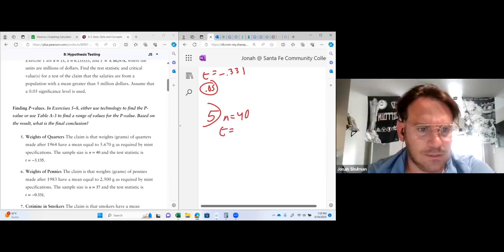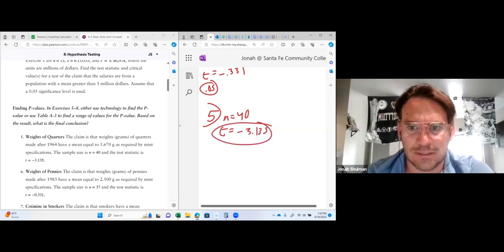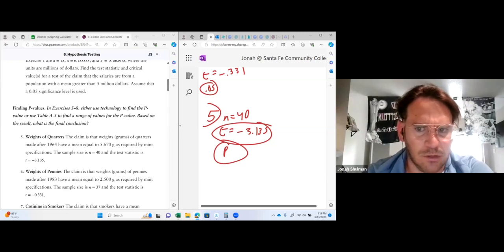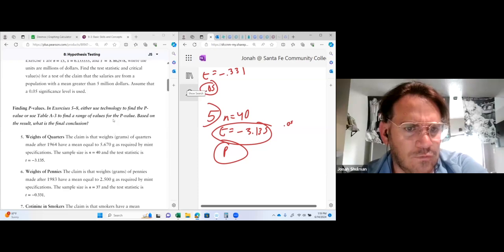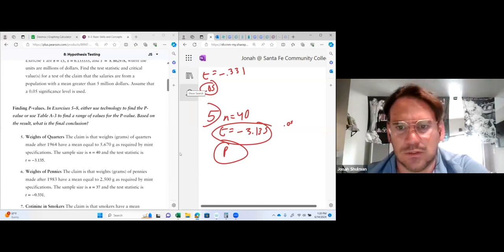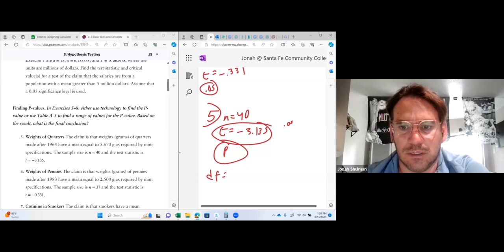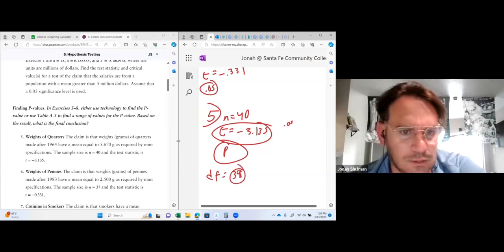We have a t-statistic of negative 3.135. We should see if this is greater than 0.05. So find the range of values of the p-value, right? So n is 40, which means the degrees of freedom should be 39. And then we have our t-statistic.